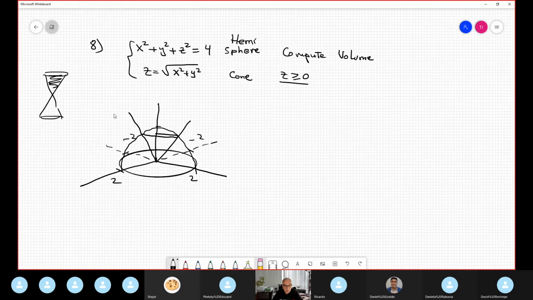I have no idea. Okay, and the solid is inside the sphere, the hemisphere, and below the cone. So basically, my solid is that part. So not inside the cone, you know, below. So basically, it's one hemisphere. Can you remove the cone part?